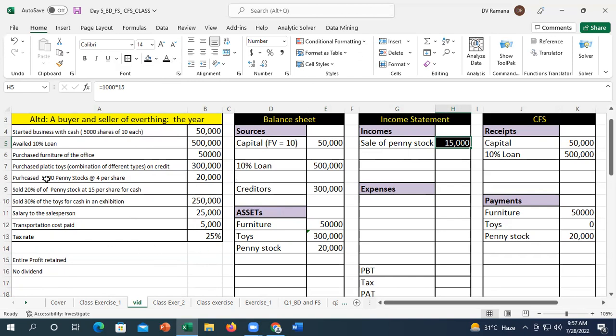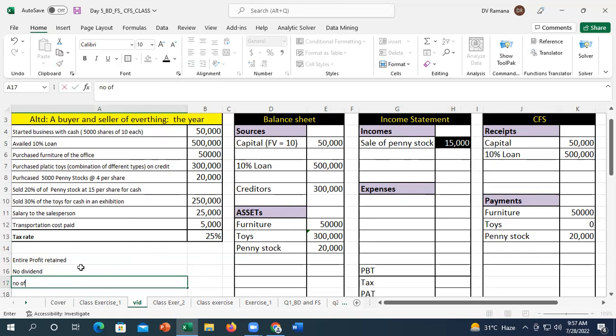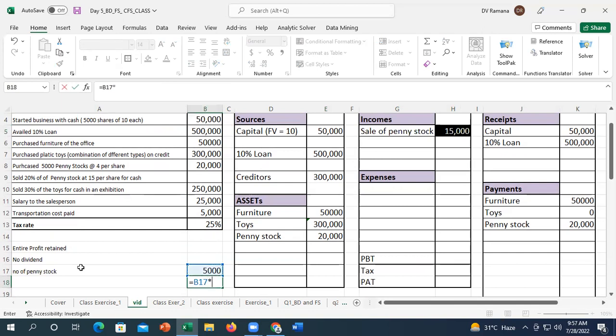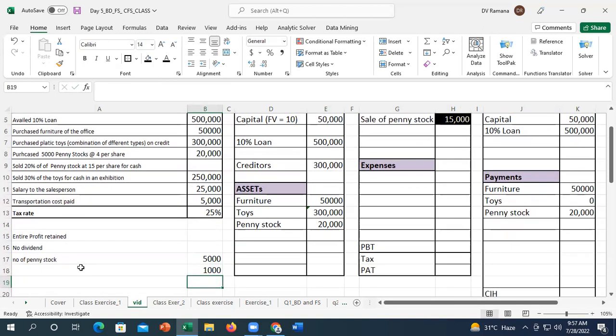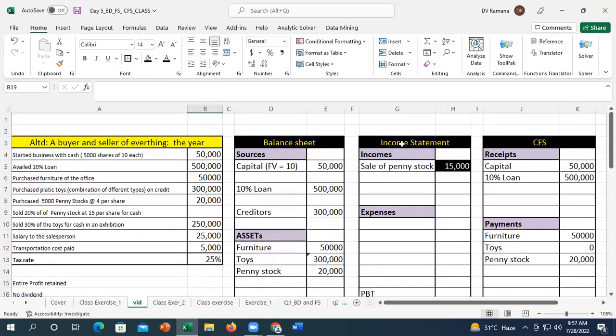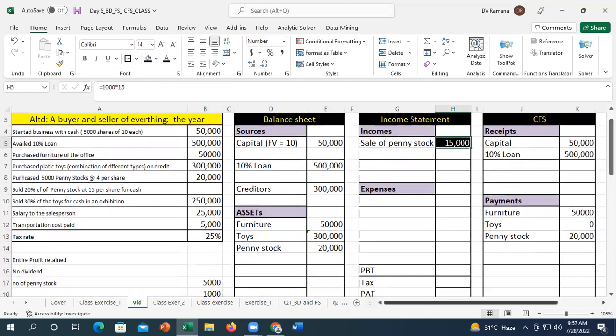That means the number of penny stock purchased is equal to 5,000. It's given 5,000, and we are selling now 20%, 0.20, so 1,000, and we are selling that for 15 rupees per penny stock. So the value of the sales is 15,000.